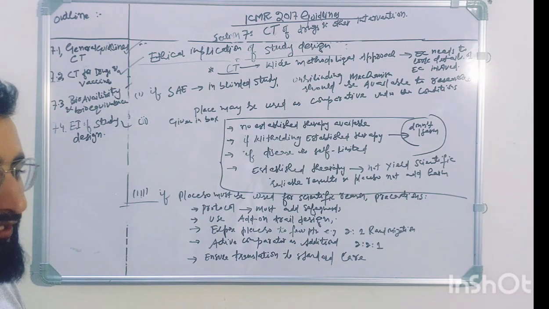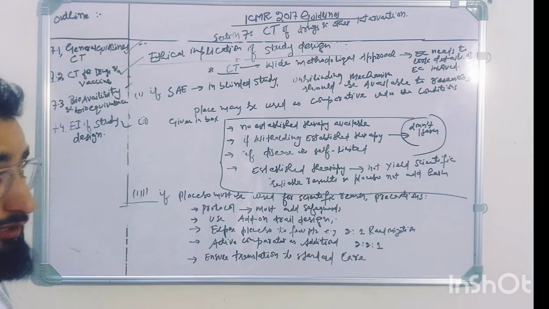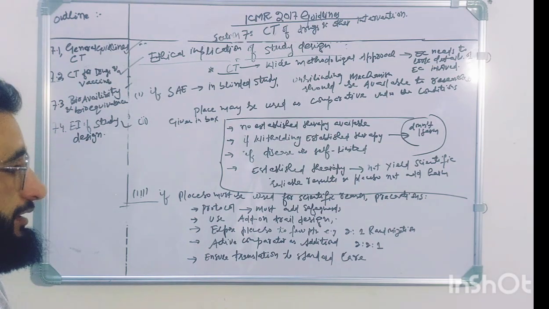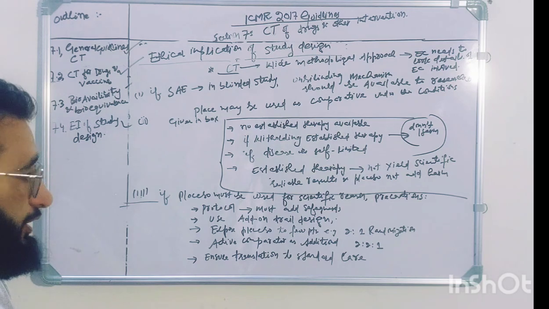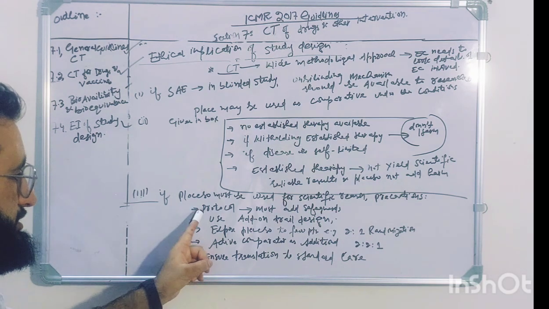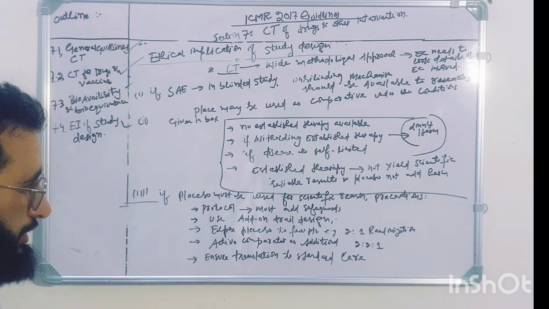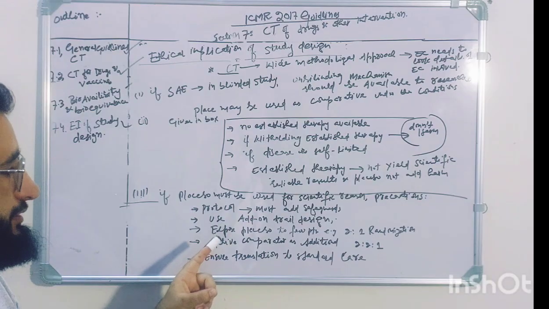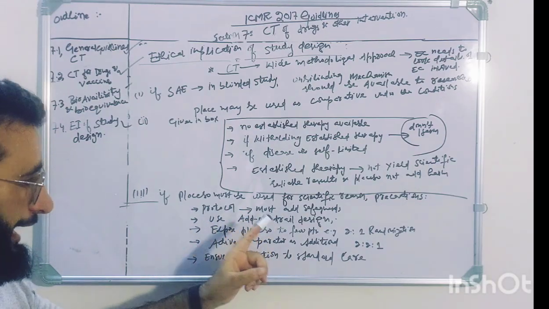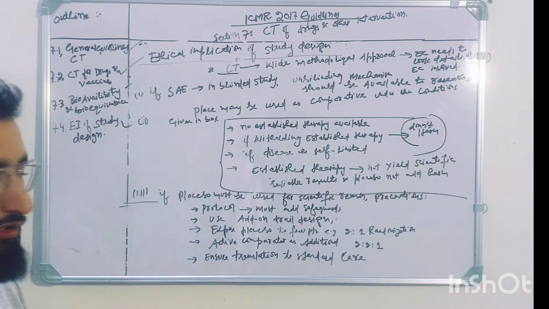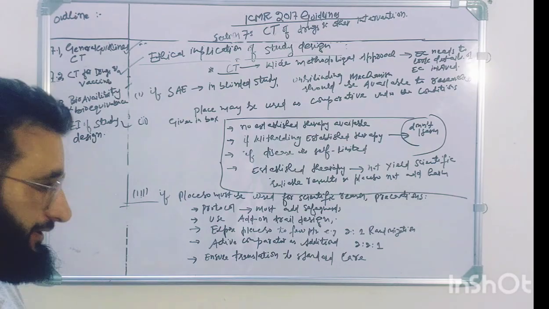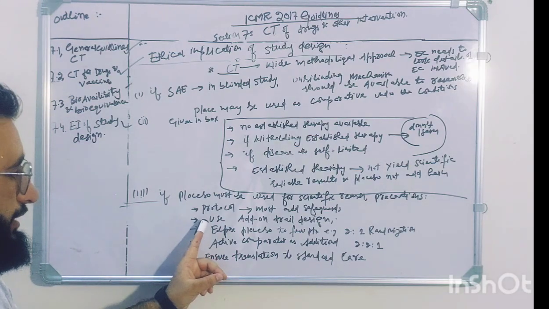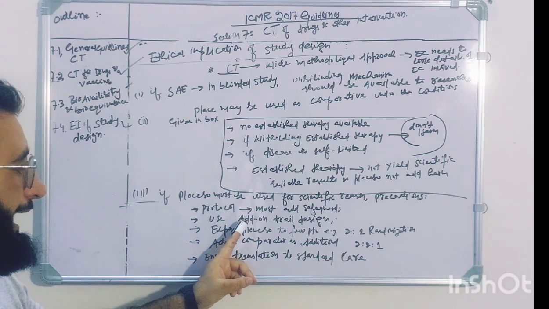They have also said that a placebo may be used for a scientific reason. If a placebo is needed for a scientific reason, then some precautions should be carried out during the clinical trial. Firstly, the protocol must add safeguards for the participants, and there should be use of an add-on trial design.